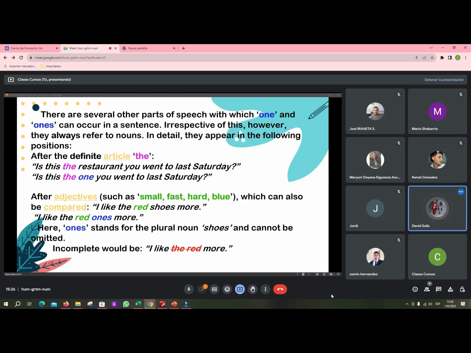In detail, they appear in the following positions. After the definite article the: Is this the one you went to last Saturday?